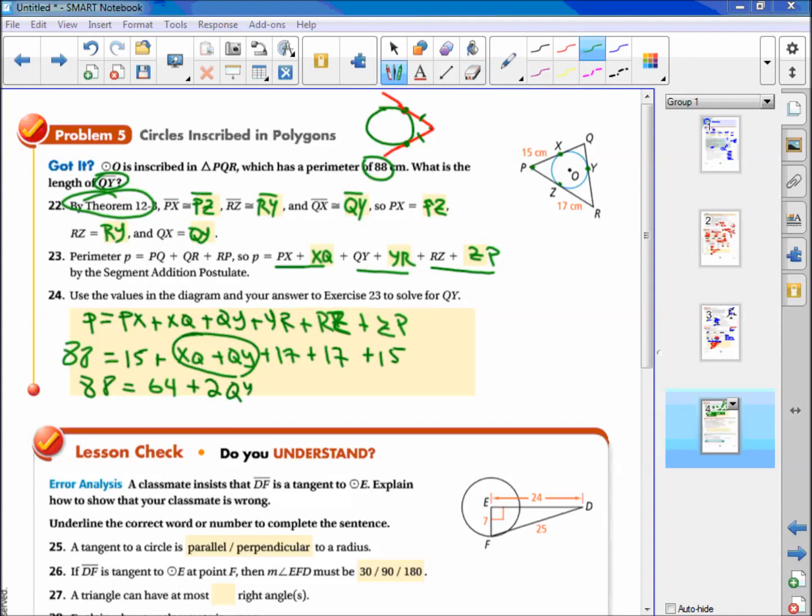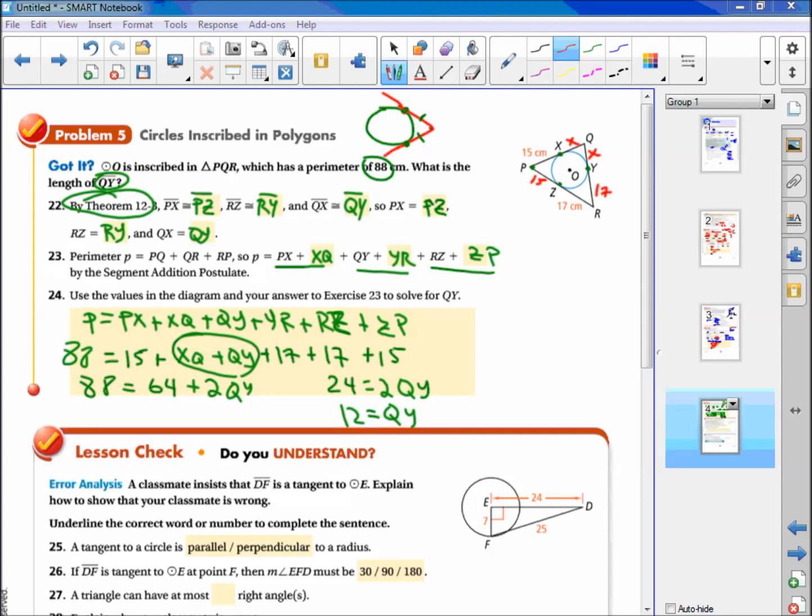I'll subtract 64 from both sides, and I get 24 equals 2 times QY. Then I'll divide both sides by 2, and now I know the distance of QY, which is 12. So what we're doing here is putting the 15 here, the 17 here, saying I don't know that, and I don't know that, but they're equal. And then we're writing an equation for perimeter and solving for it.